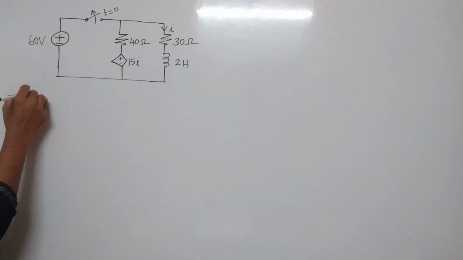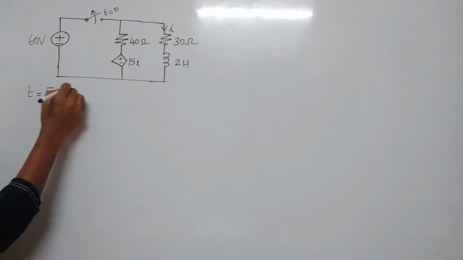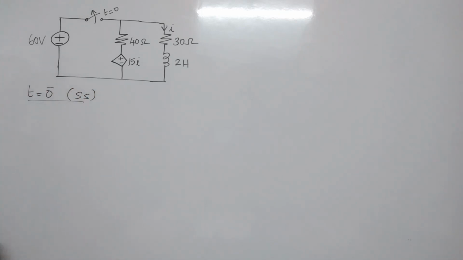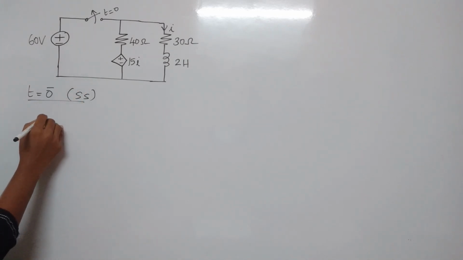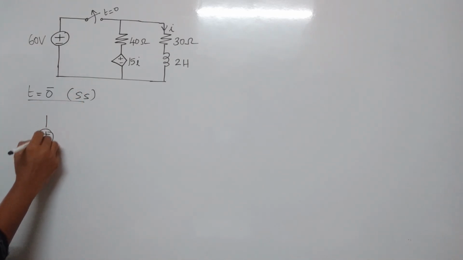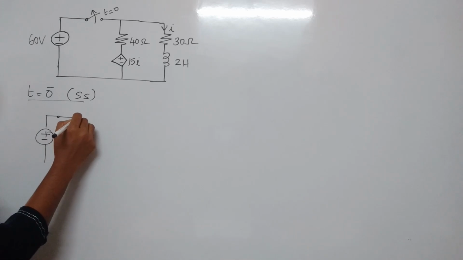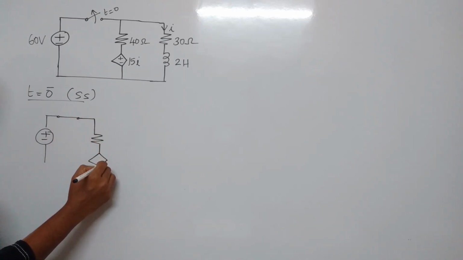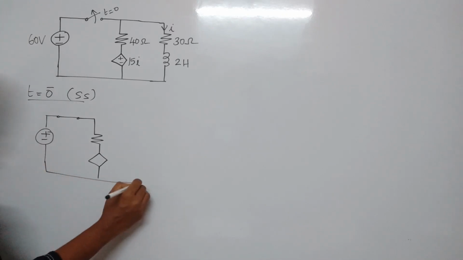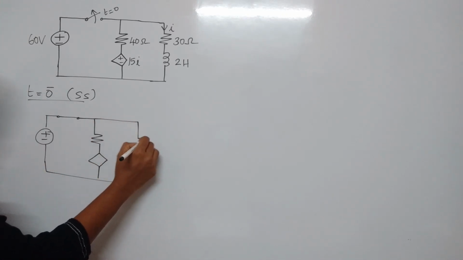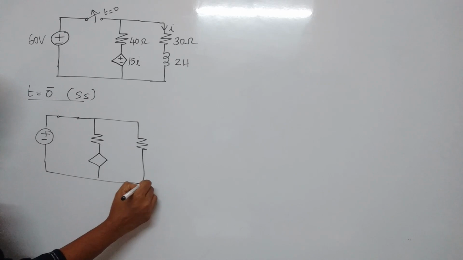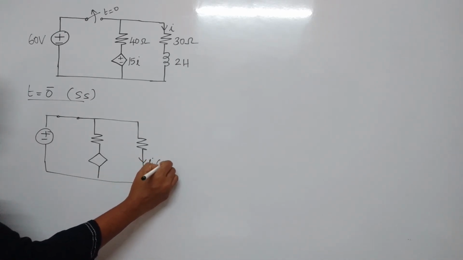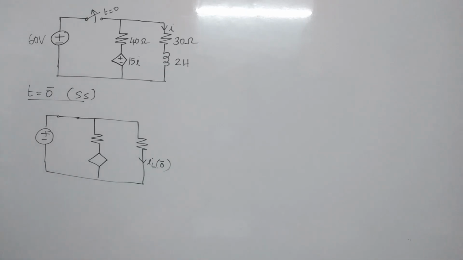So let's find out what is the initial current flowing through inductor at t equal to 0 minus. So the switch is closed. And inductor in steady state can be replaced by short circuit. And we need to find out this initial current flowing through inductor.